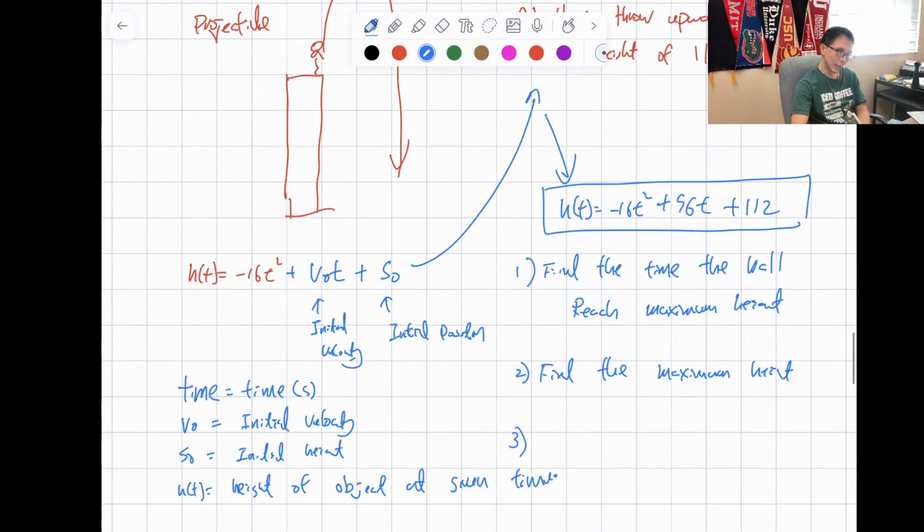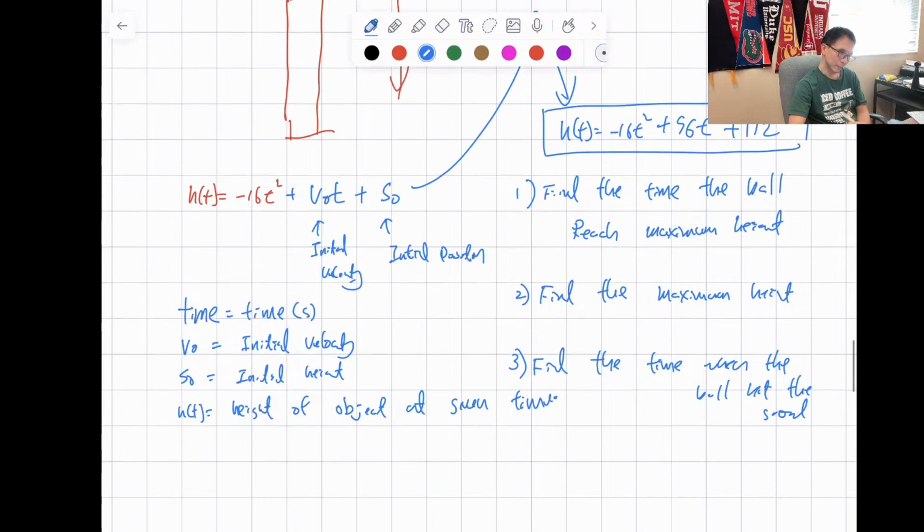Third, find the time when the ball hits the ground. The fourth question I may ask is to find the average velocity between t equals 1 and t equals 3.